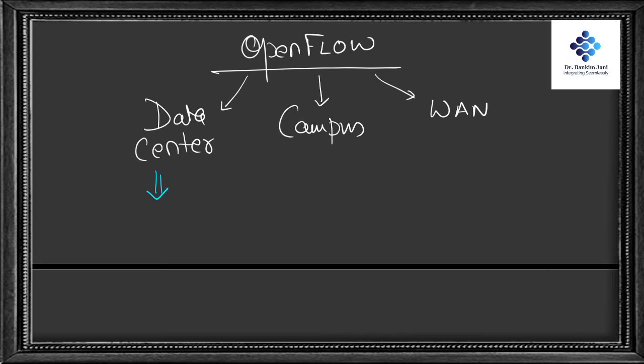Data center team said that yes, we have Cisco ACI, application centric infrastructure. The campus team said that they also came up with a solution, and we call it SDA, software defined access.